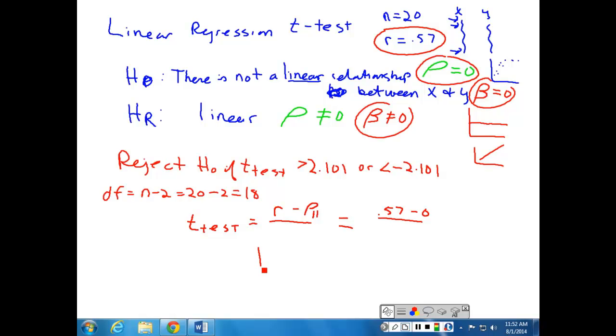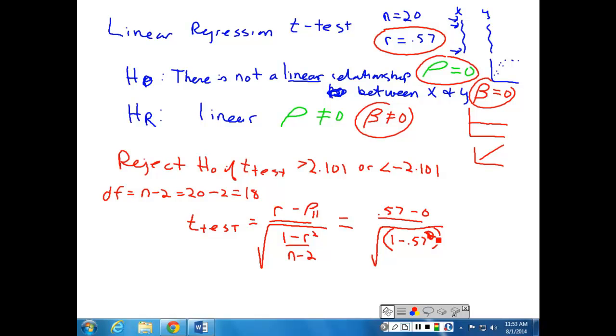The bottom is the square root of 1 minus r squared divided by n minus 2. 1 minus 0.57 squared. I'm going to put parentheses here to remind you that when you calculate, it's not 1 minus r then squared.